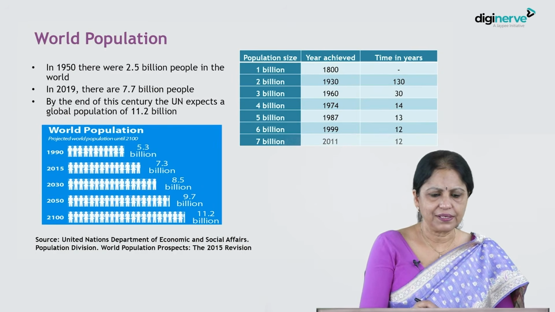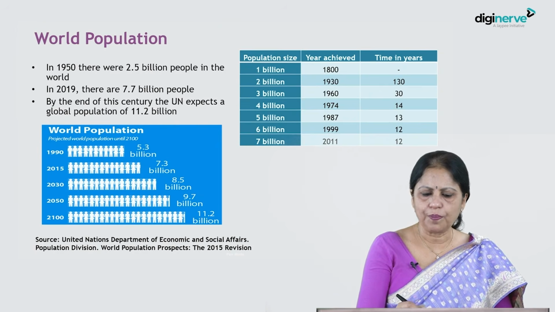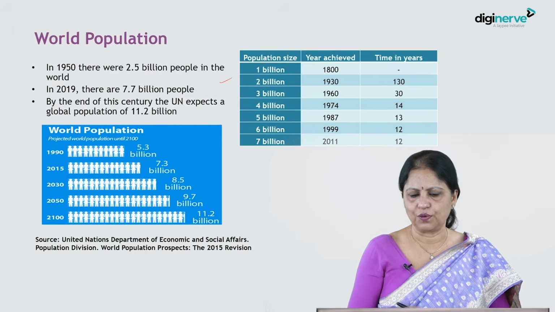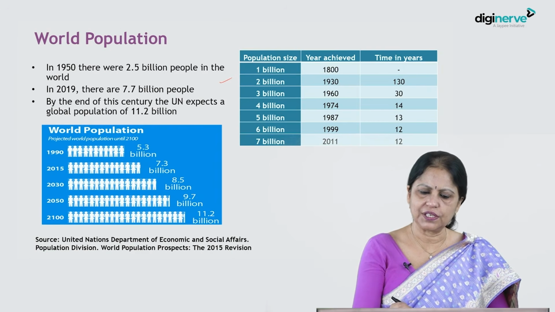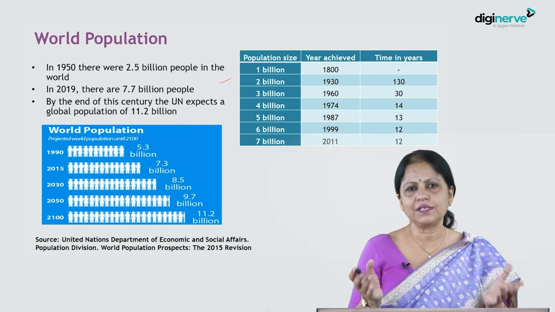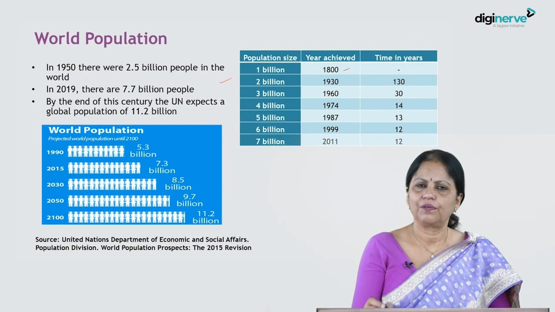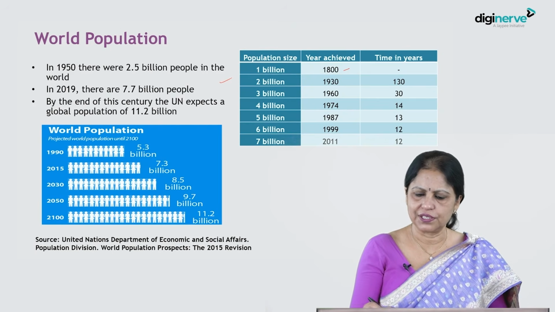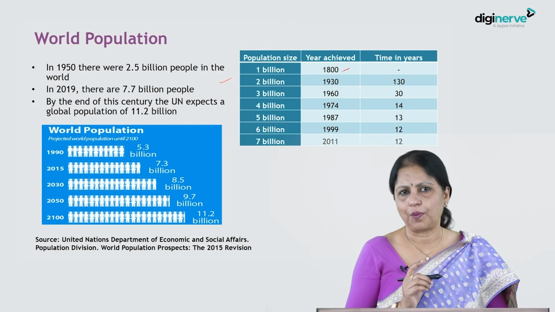Okay, now I'll describe the world population. This table shows how the population has been increasing over decades. Each row shows the time taken to increase the population by 1 billion. In documented history, in 1800 there was 1 billion population.